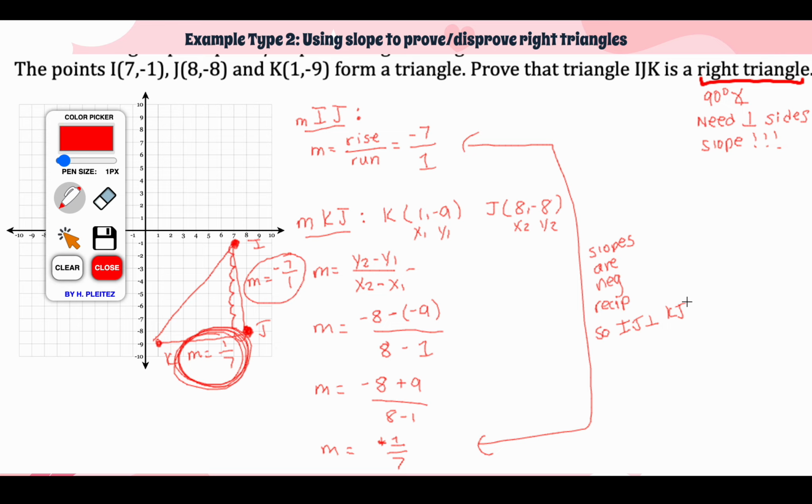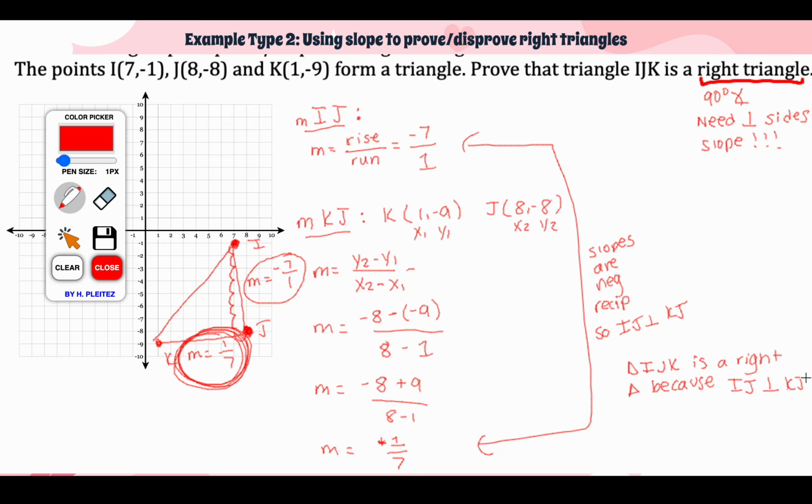Okay? Now we need a concluding statement. So our concluding statement has to mention the words right triangle. So triangle IJK is a right triangle because IJ is perpendicular to KJ.